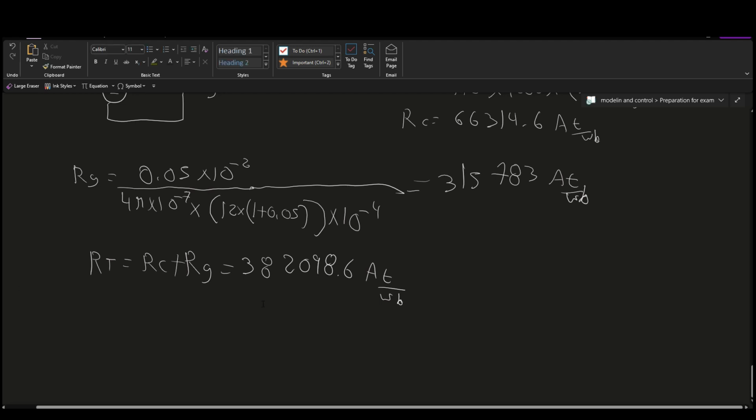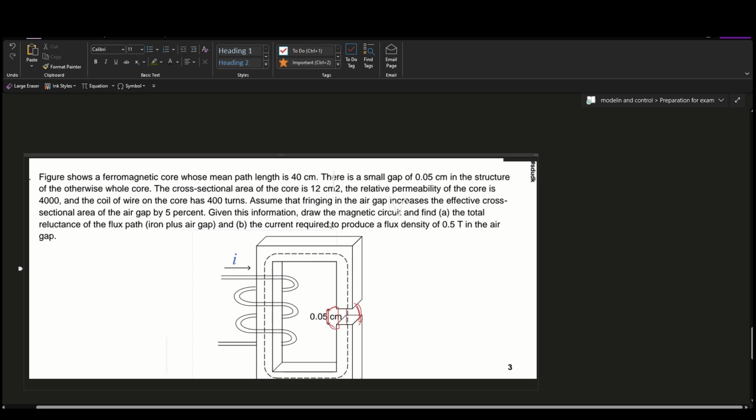Okay, and now we have done the first part, that is what is the total reluctance.